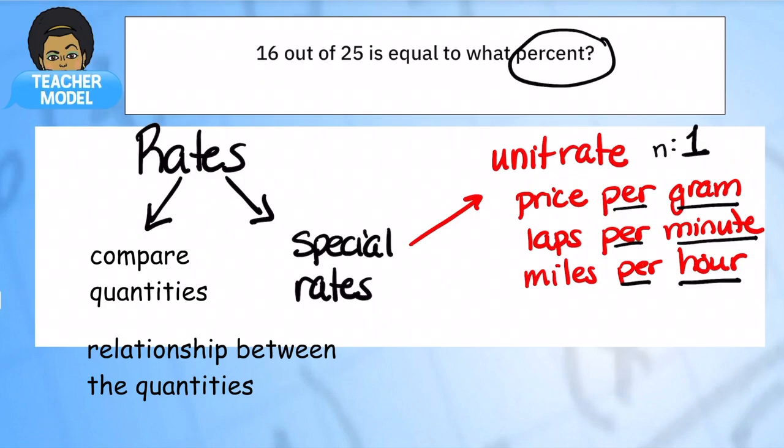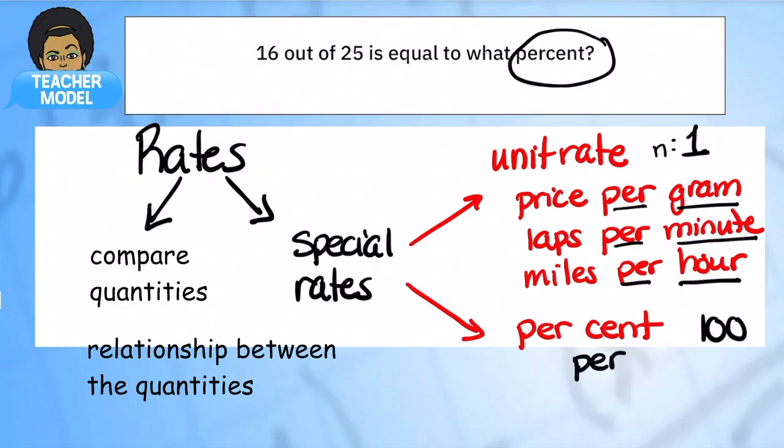The new special rate we're going to talk about also has per in it a lot. It is a per cent. And we talked a lot about cent when we talked about metric systems, right? When we see cents like centimeter, or cien in Spanish, we know that this means 100. So a per cent means per 100.